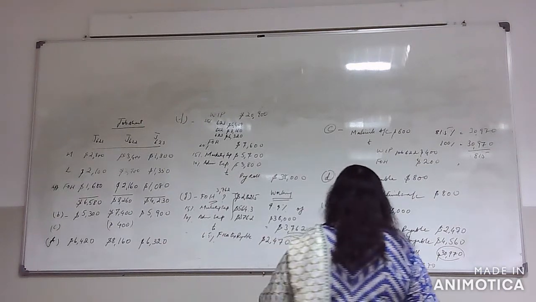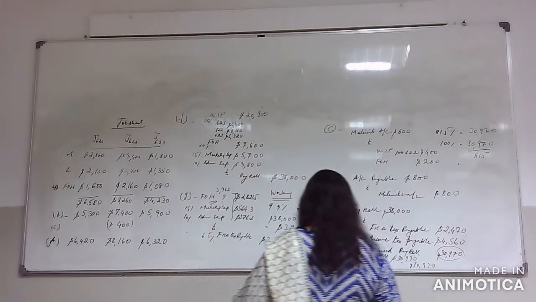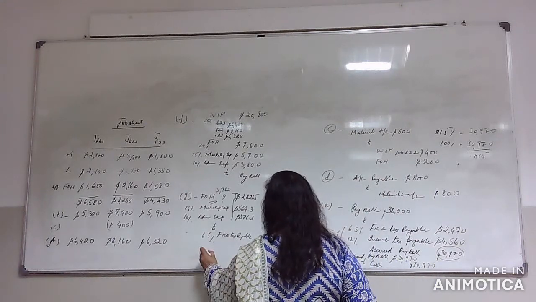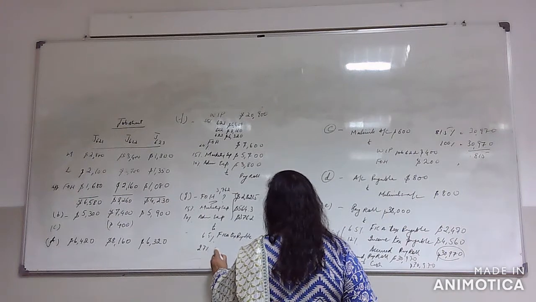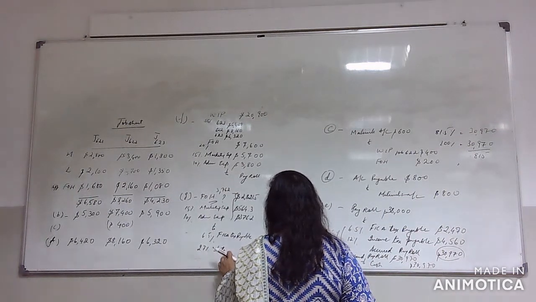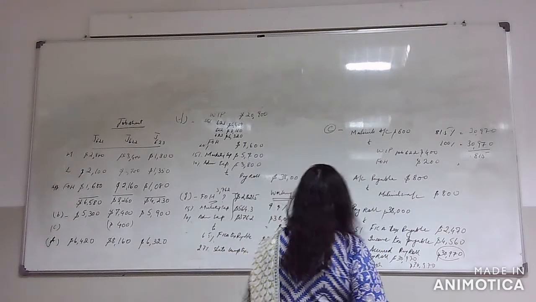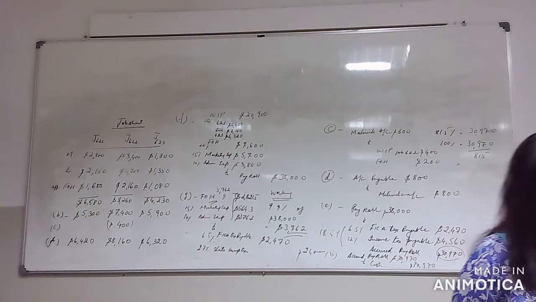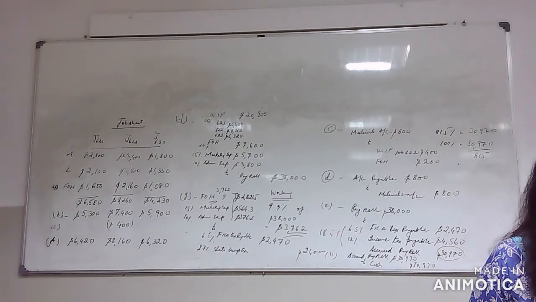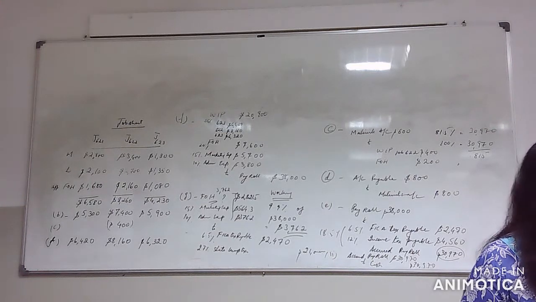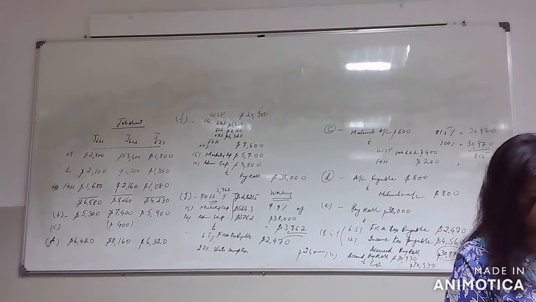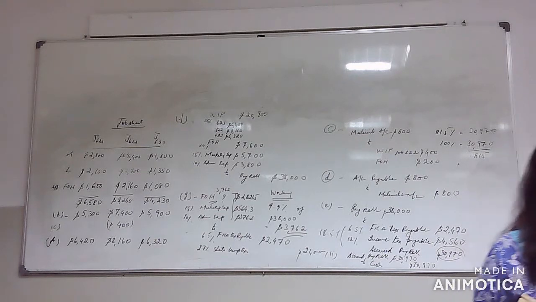Then we have 2.7% state unemployment taxes. 2.7 is state unemployment taxes, and that should be, for 38,000, how much do you calculate? This is 38,000 into 0.027 comes to about 1026.